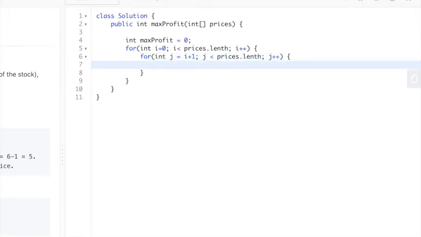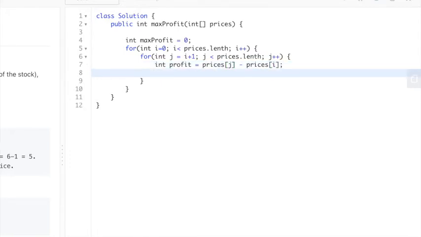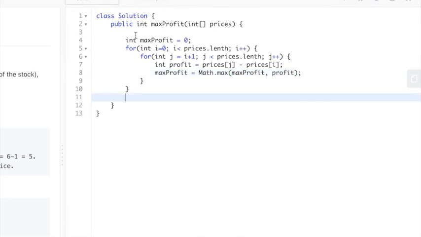So let's define another variable called profit, and this would be the difference of these two prices. So prices on the greater day minus prices on the initial or current day. And then we can have max profit equal to Math.max of max profit and profit. And finally, we can return max profit. And this will be our solution.